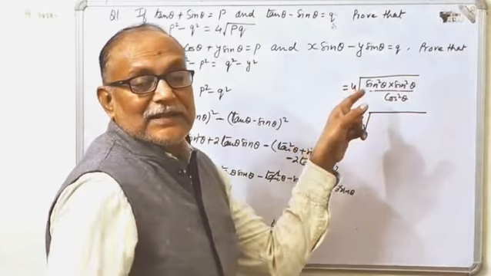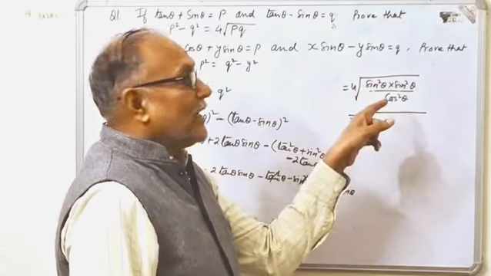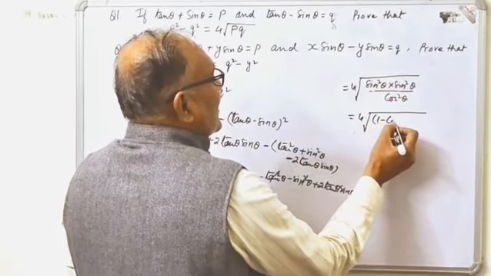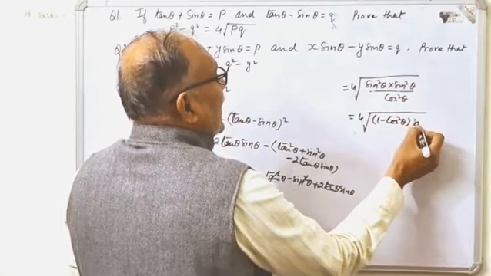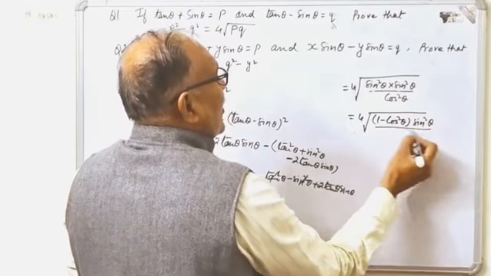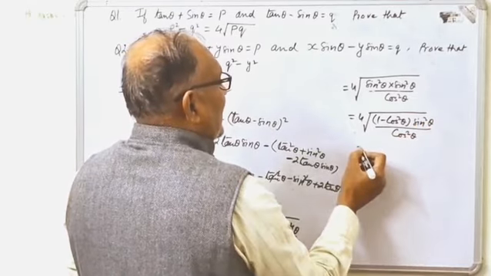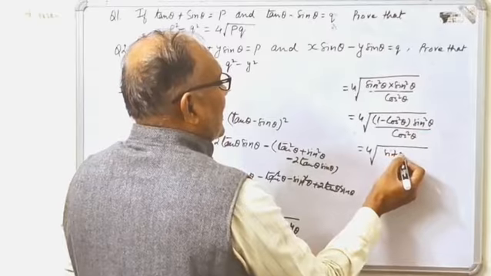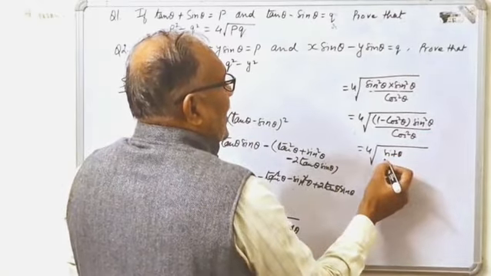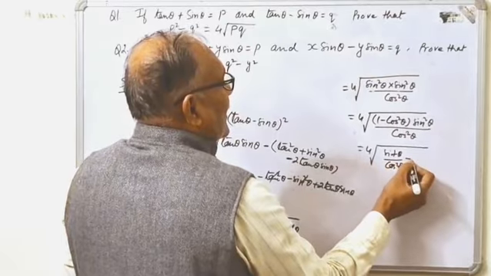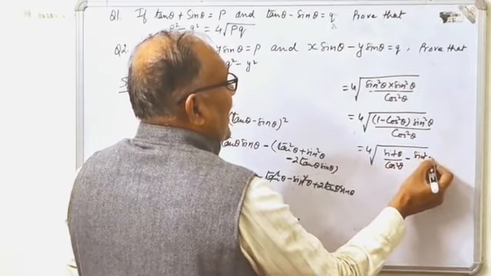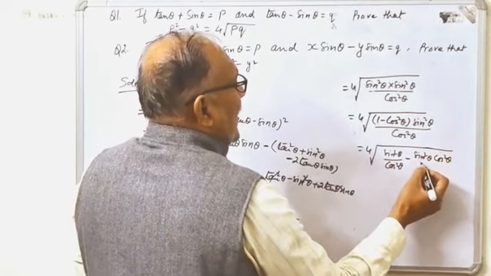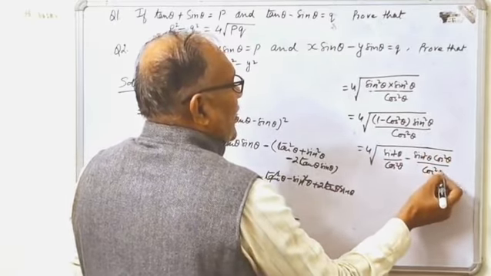Now from the identity sin square theta plus cos square theta equals 1, in place of sin square theta we can write 1 minus cos square theta, into sin square theta upon cos square theta. Now sin square theta upon cos square theta minus sin square theta into cos square theta upon cos square theta.